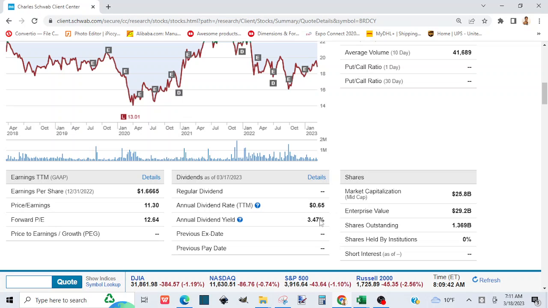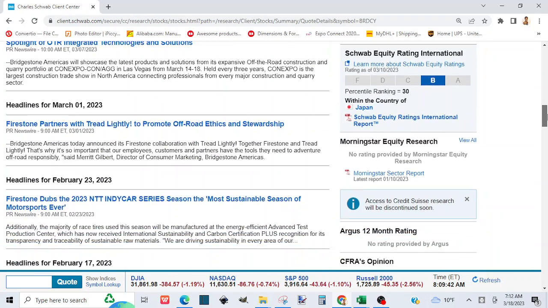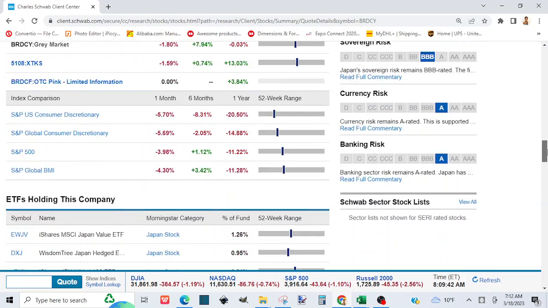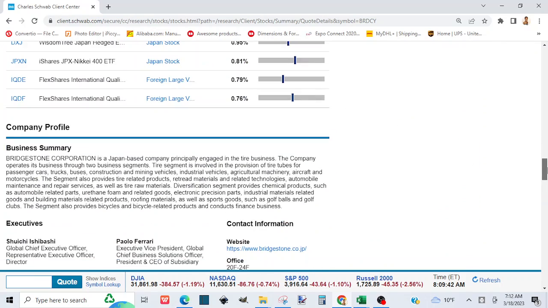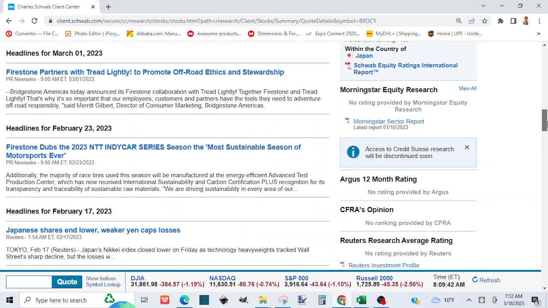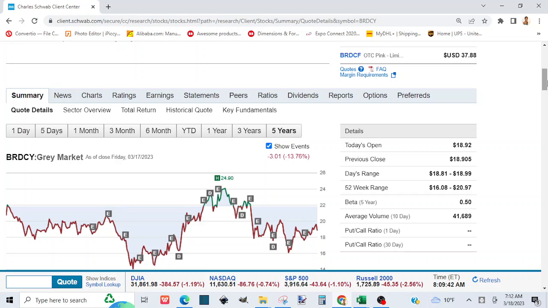Now that you are inside of that company's stock information, you can look at the dividend yield, and this is a classic view. The classic view can tell you a little bit about the company as well. If you want to read about it, you'll be able to find it. But what I'm going to look for is how old the company is, so I'm going to click on the chart.